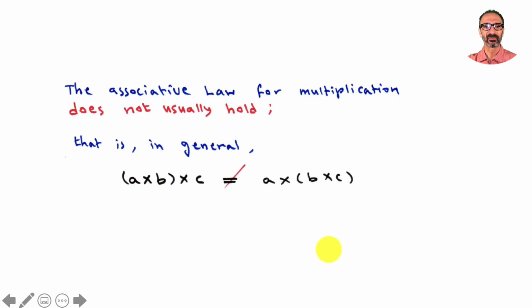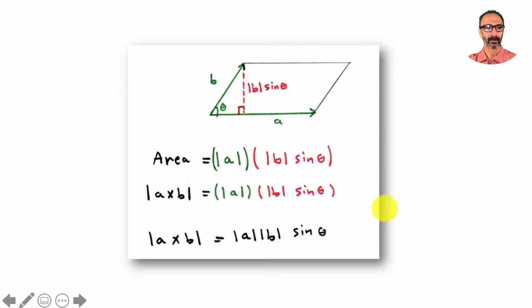The associative law for multiplication does not usually hold. So just sometimes it might, but when they say generally, that means you cannot depend on it as a rule. What's interesting about the cross product, it has some benefits.